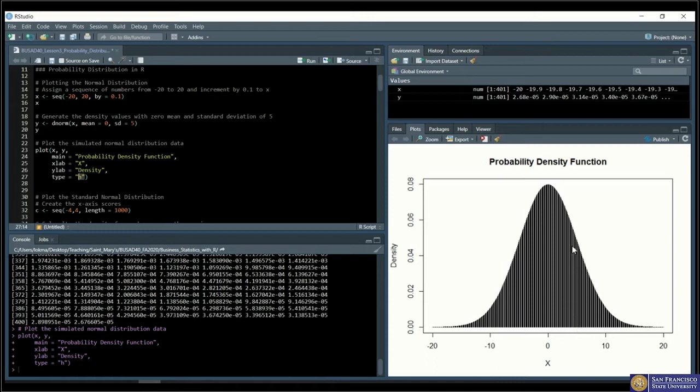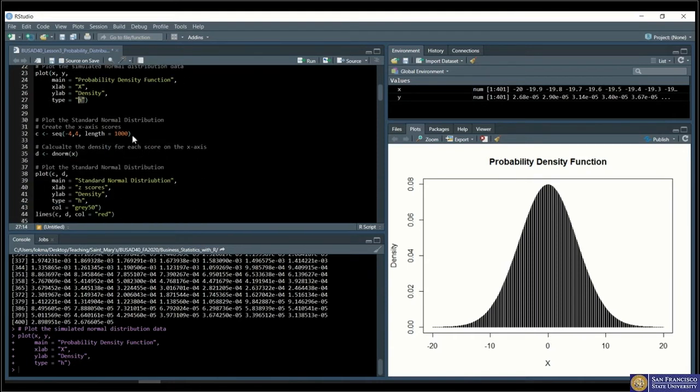Every point on the x-axis, let's say 0, gives you the probability density of that value, x equal to 0. This is something we learn in class when we talk about normal distributions. Usually you will see the bell shape centered at the mean of the distribution, and the spread of the distribution is described by the standard deviation.